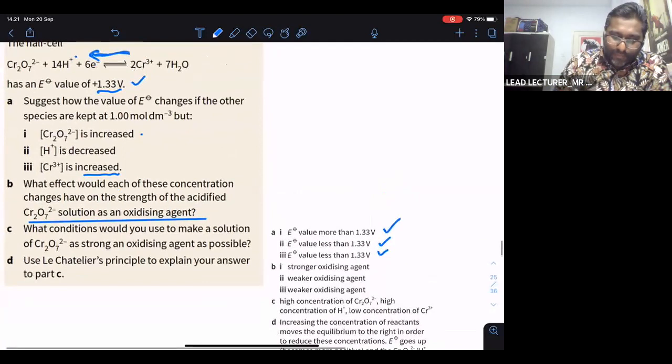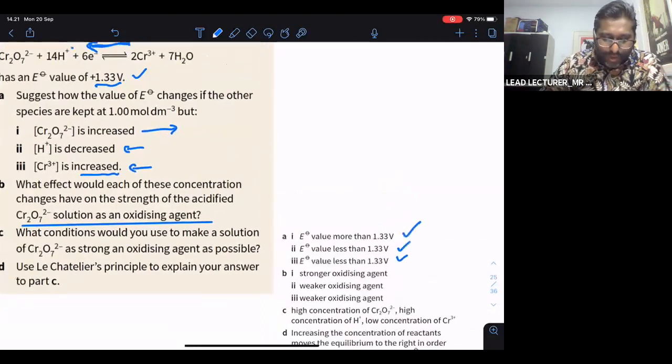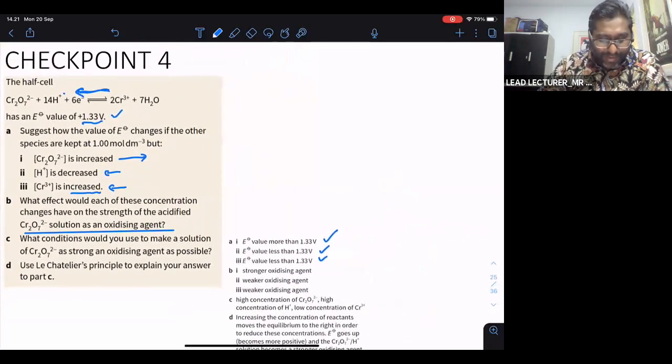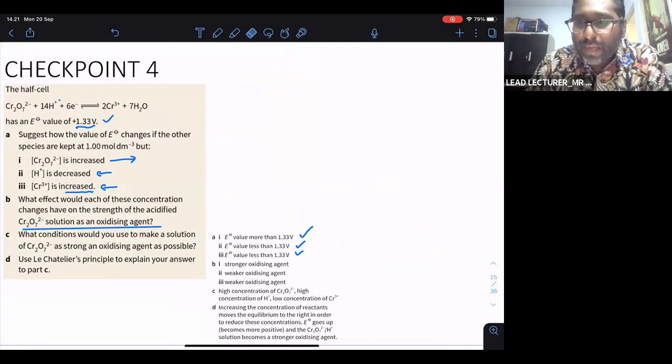When this one is decreased, it goes to the left, and this one will also go to the left. From this equation, I can find out whether it becomes a very good oxidizing agent or not.